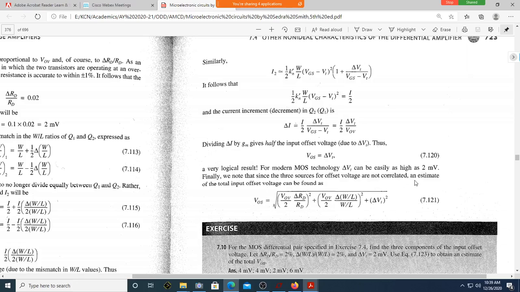Who is this? Pramod. I know that it cannot be so easily found. You may have to spend some time. How much is VOV? All those things you have to find. How much is VOV here? That you just verify.